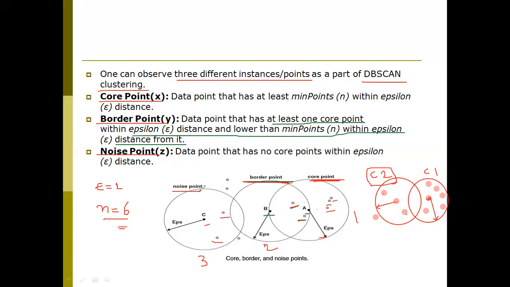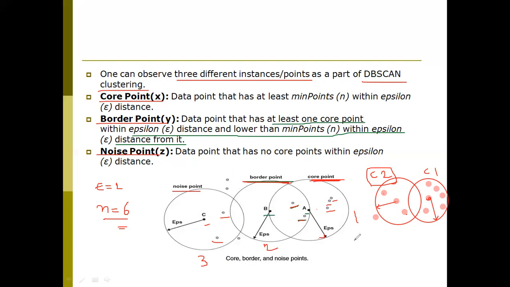The data points within this cluster are less than the n. The first condition is satisfied, we only have 3 data points. Coming to the second condition, if it does not have any core point within it, then we call such clusters noise clusters or noise points.